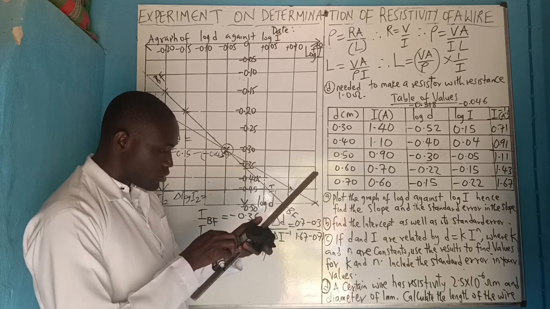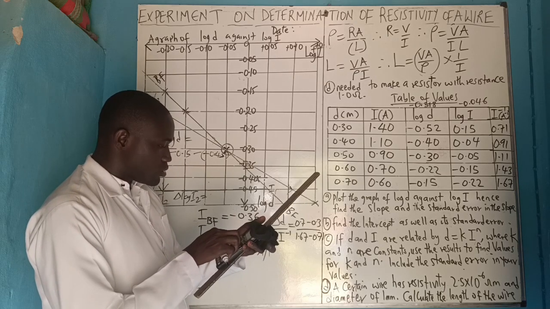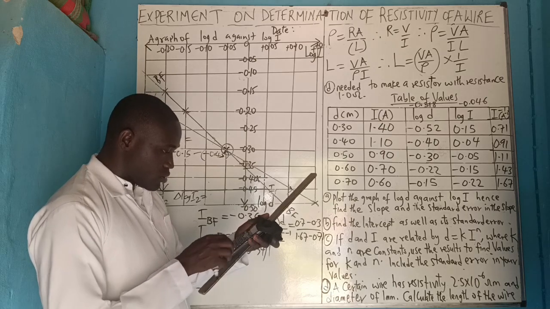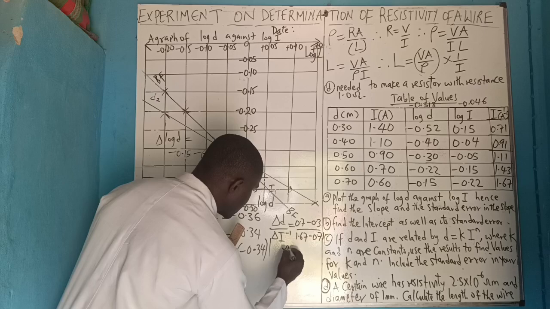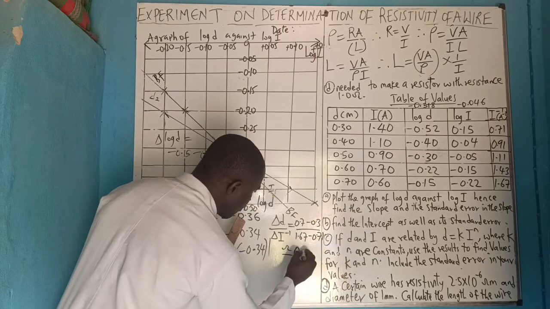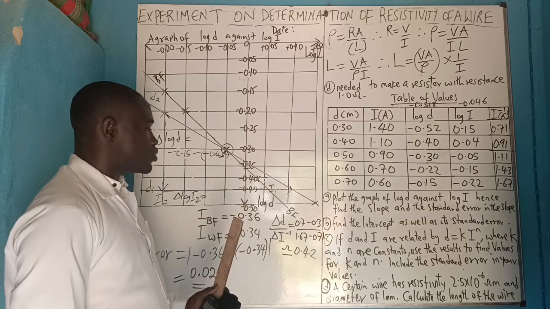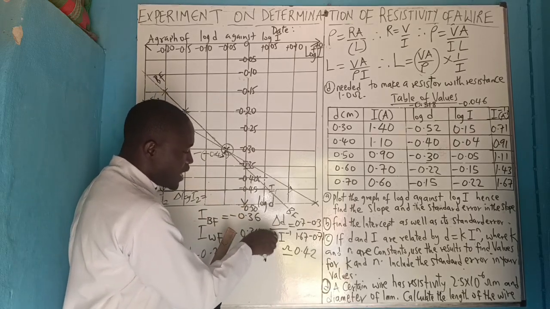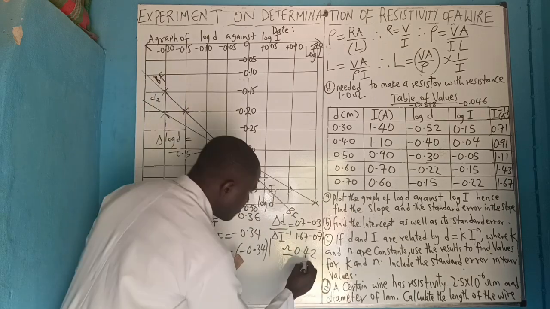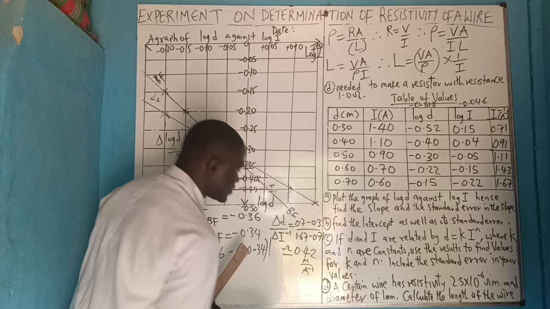0.41. Are you getting it? Approximately, it will give you 0.42, please. Now watch this. This is a meter and this is A inverse. Meter over A inverse.